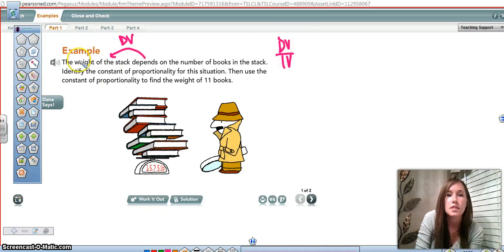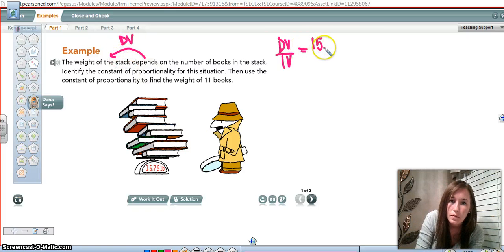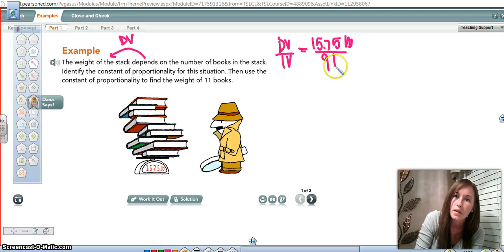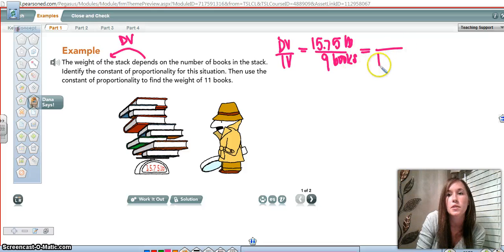And we've seen that the weight of the stack is our dependent variable, and the number of books would affect that. So we have 1, 2, 3, 4, 5, 6, 7, 8, 9 books. And to get the constant of proportionality, we would just need to know what the unit rate is, how much for one book.